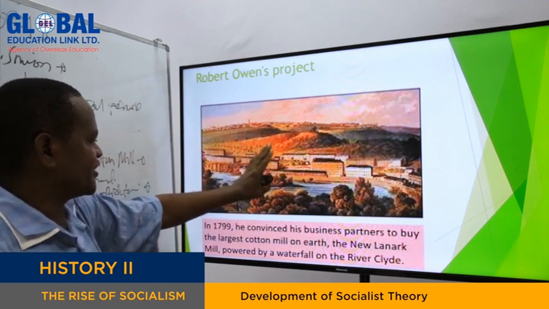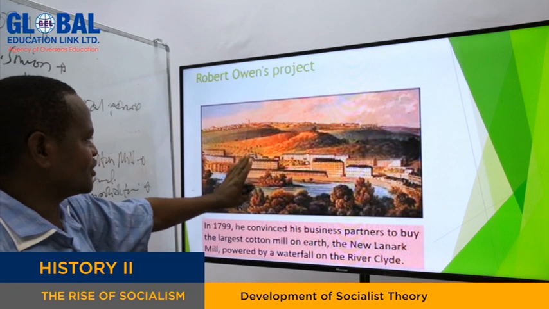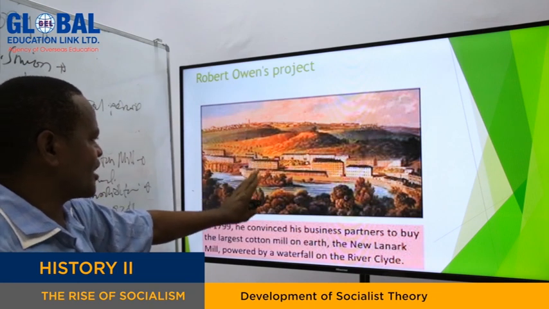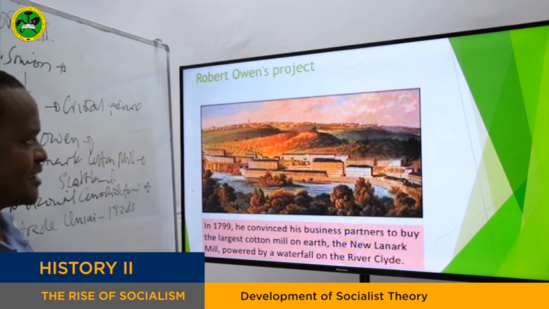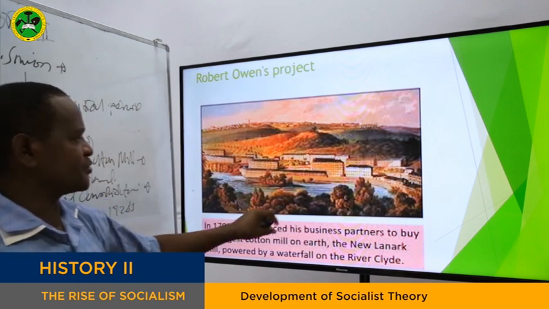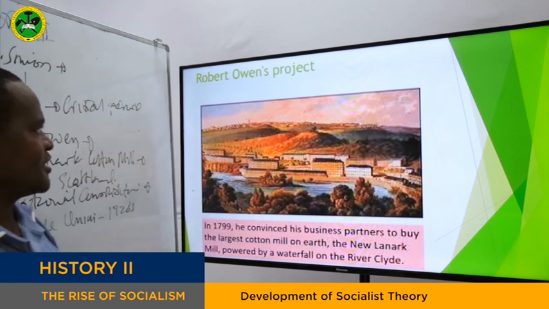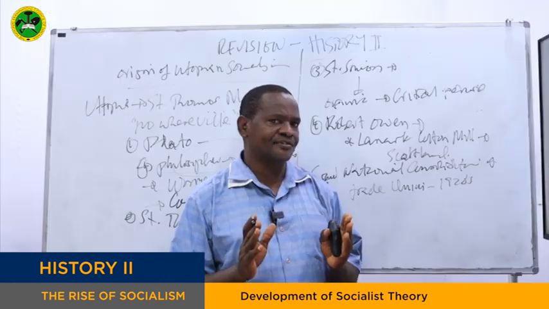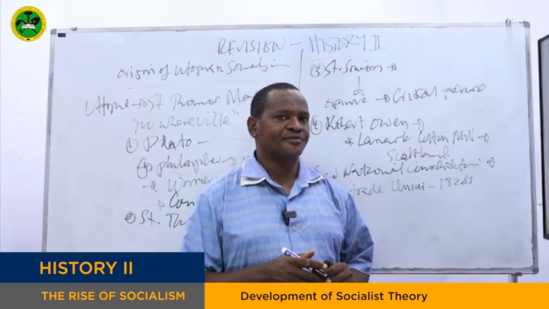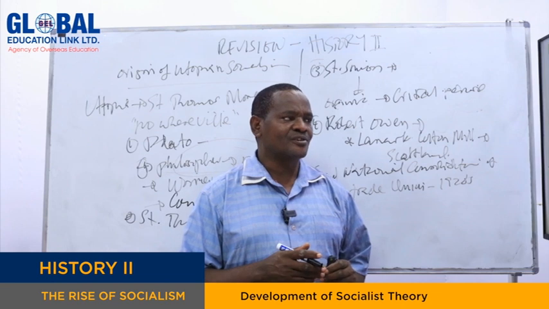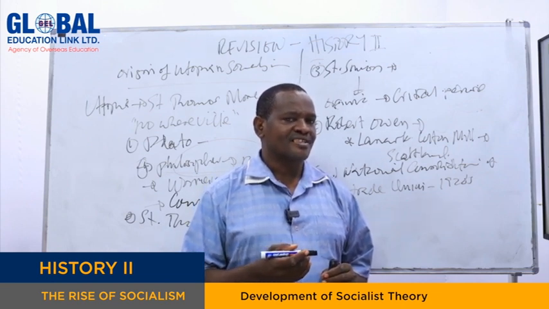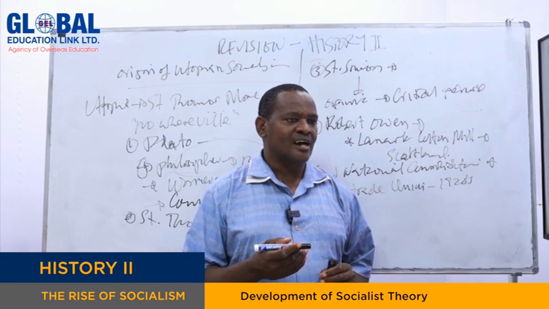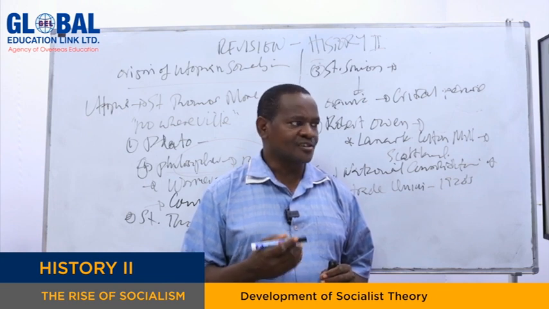He took this industry and established a socialist society where people who were working here were paid well, and in fact he used to share some profit with them. This shows the extent to which Robert Owen was dedicated to the establishment of socialism. But remember, I said he was a utopian socialist because the processes that he used to establish socialism were so difficult that they could not reach the intended goal.